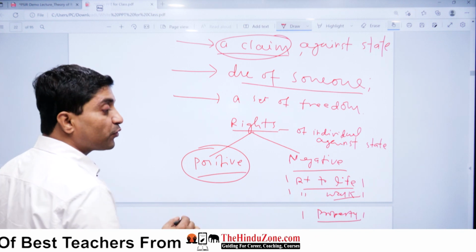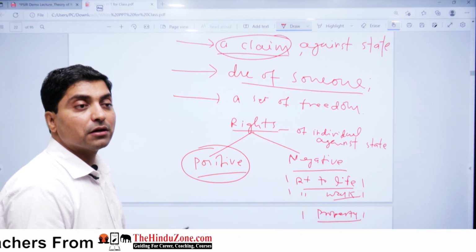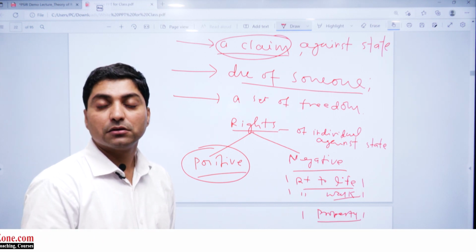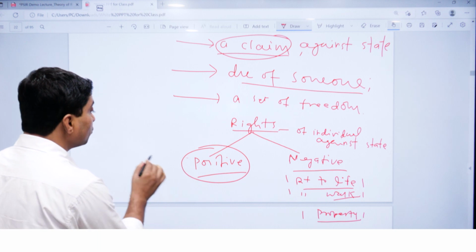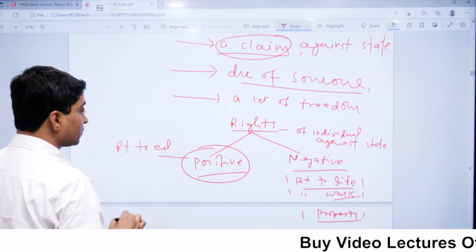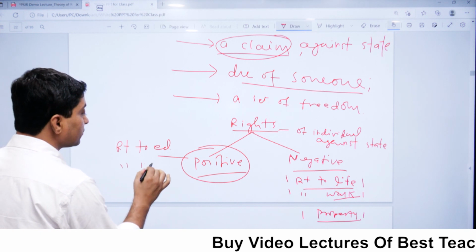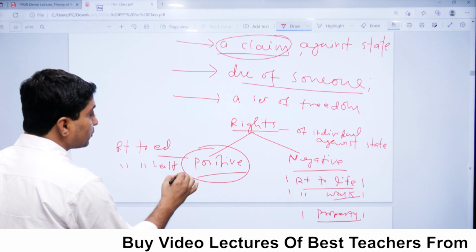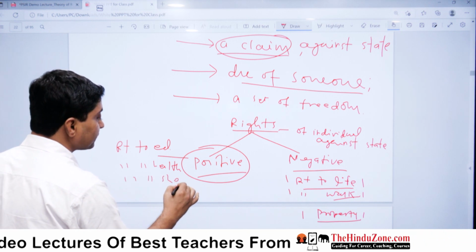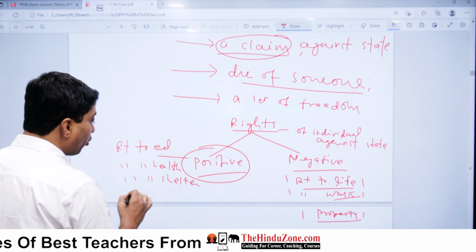When a state provides something to society, to the individual. For example, right to education, right to health, right to shelter, right to employment.